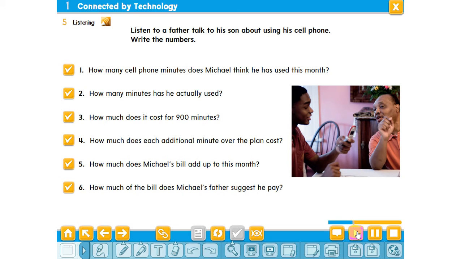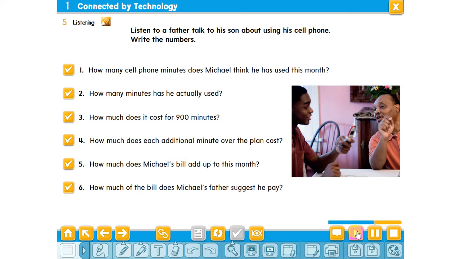No. Really? Yes, really. And did you know that we pay 40 cents a minute for every minute over our plan? That adds up fast. The extra 50 minutes you have used so far will cost $20. Wow. Sorry, Dad. I'll cut back on my calls. Sorry isn't enough.